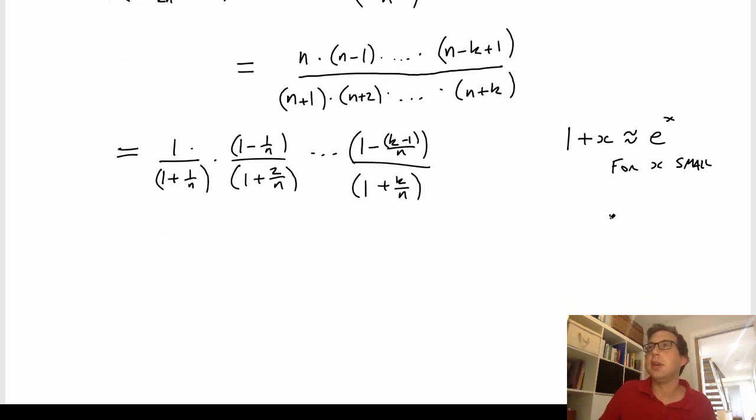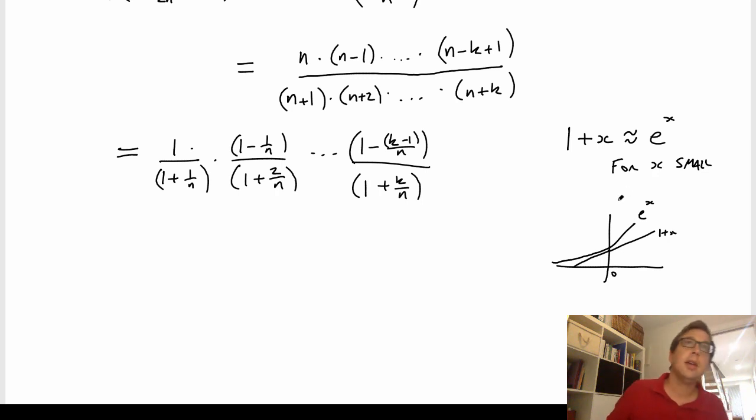Well, because if I look at e to the x, the derivative of e to the x at 0 is equal to 1, and so its height is equal to 1, so I just get a nice straight line here at 0. Okay, so look at 1 plus x and e to the x, getting closer and closer to 0. Alright? Okay, so if n is really, really big, the error between these two is going to get really, really small. Okay?